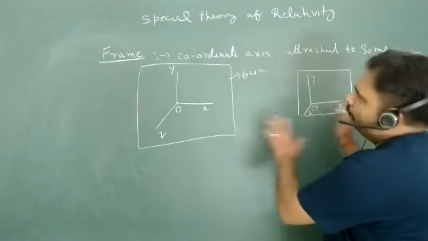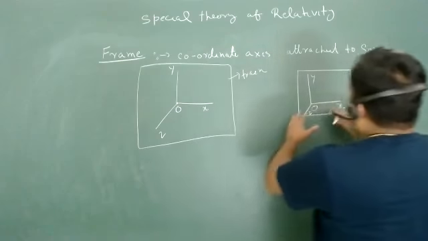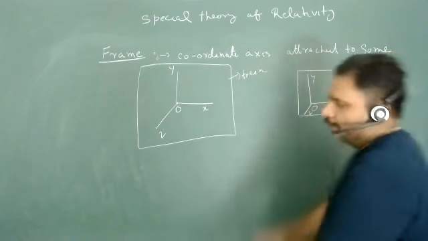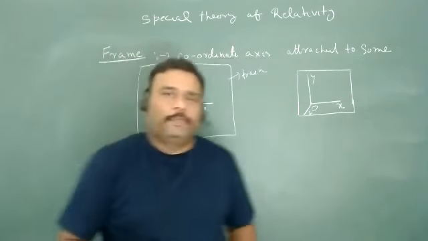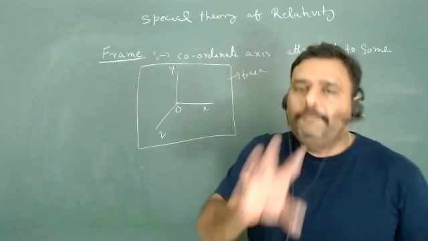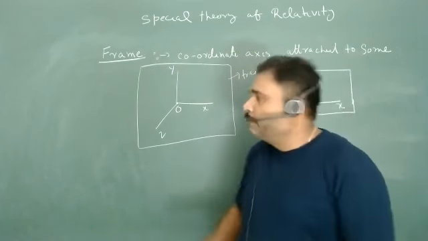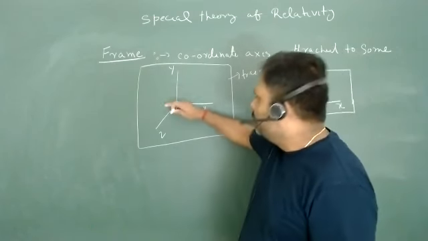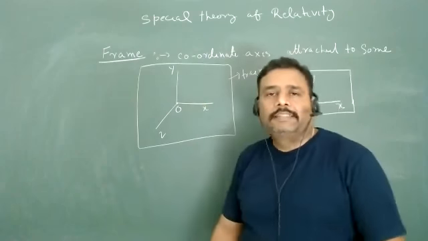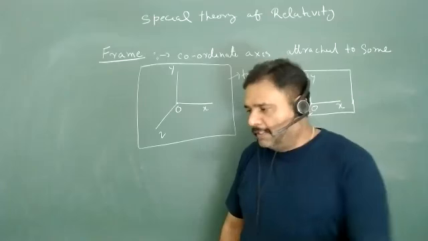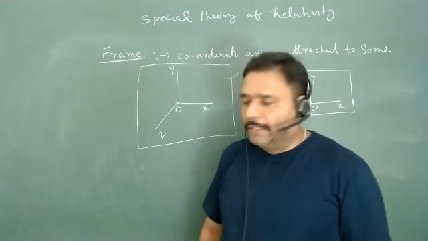So you can have different coordinate systems attached to different types of frames. This is a very simple, very trivial thing, nothing to explain more. But when we talk about a coordinate system or frame, we should signify where my origin is and how the x-axis, y-axis, and z-axis are defined. This is the first definition we have to learn.